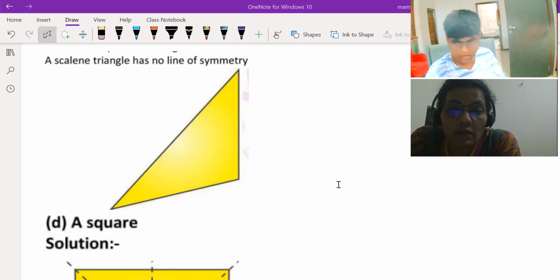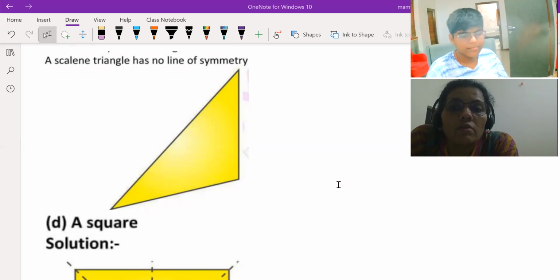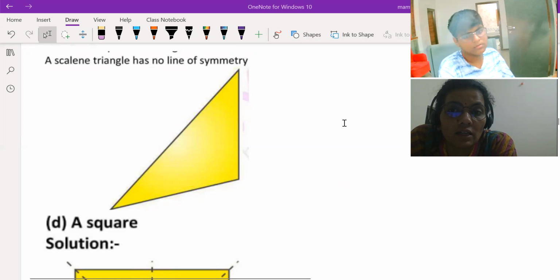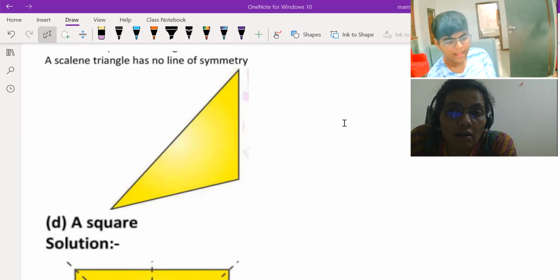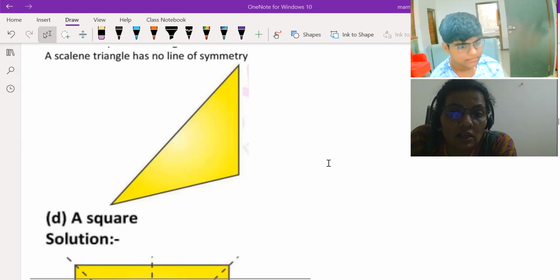Okay. So how many ways can you fold it? Ma'am, isosceles you can fold in one, scalene in zero. So the isosceles triangle number of symmetry would be one. Yes, ma'am. I made it correct only, ma'am. I just flipped it sideways and folded. Okay, so that is correct. That is the isosceles triangle, right?